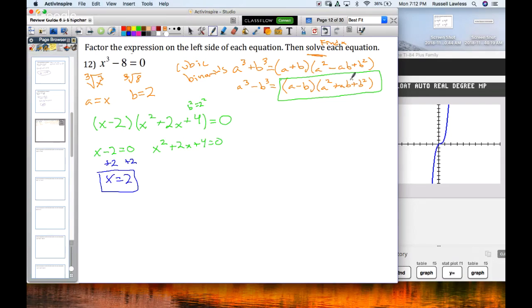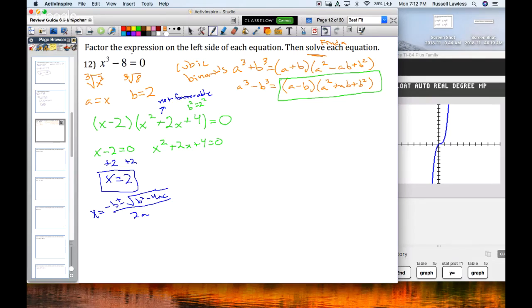Now I'm going to look here. Here's the thing. These are not factorable, which is a neat thing to remember. And because they are not factorable, what we need to do is solve it through the quadratic equation. That is x is equal to negative b plus or minus the square root of b squared minus 4ac all over 2a.